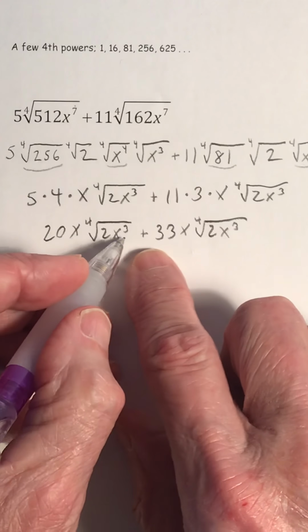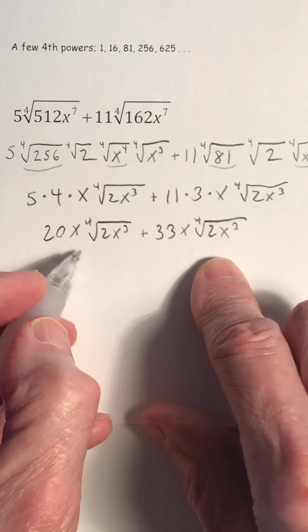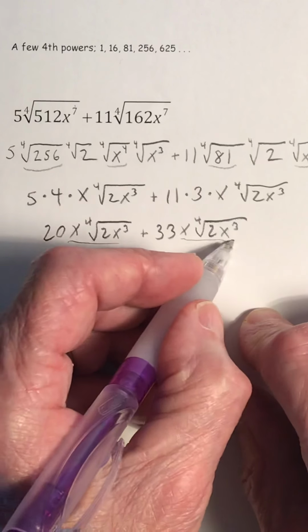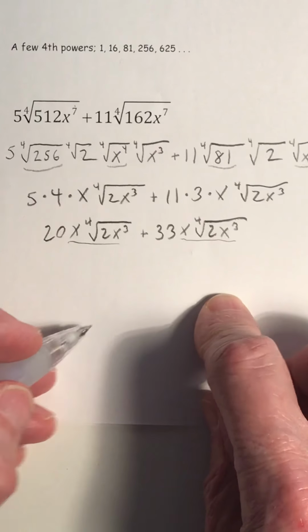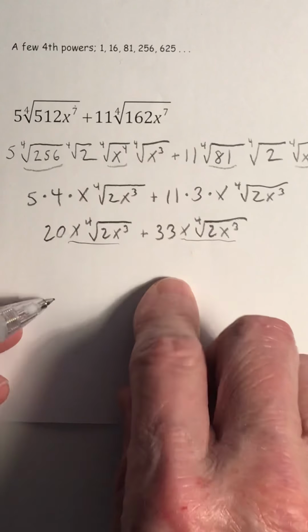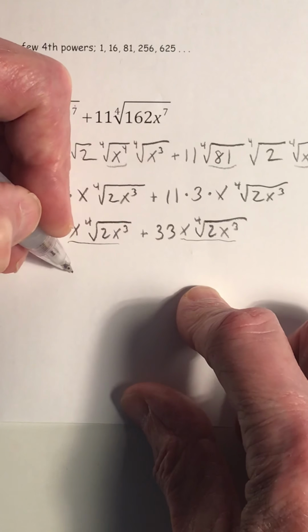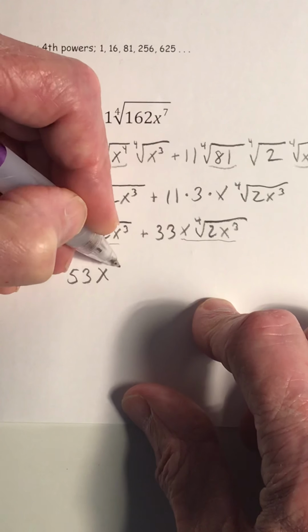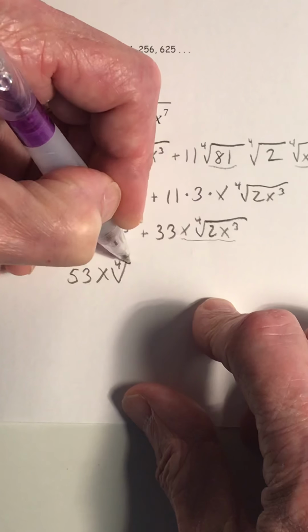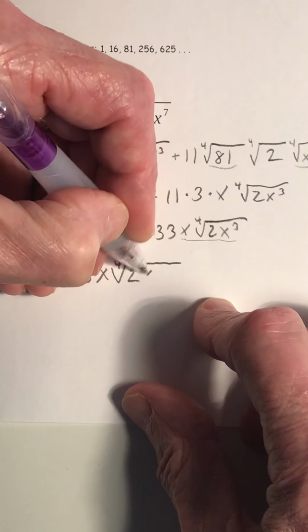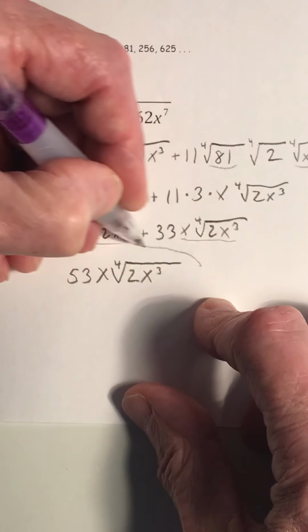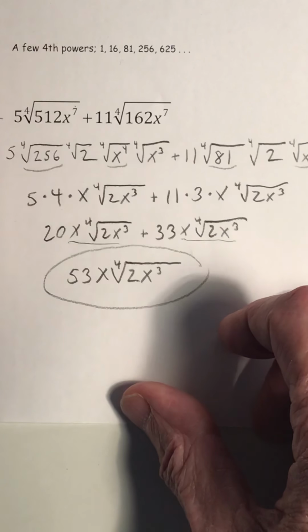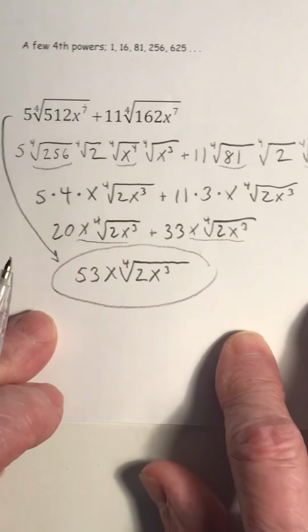We do have like terms here, which include like radicals. 20 plus 33, that's 53. 53x fourth root of 2x cubed. That is our final answer.